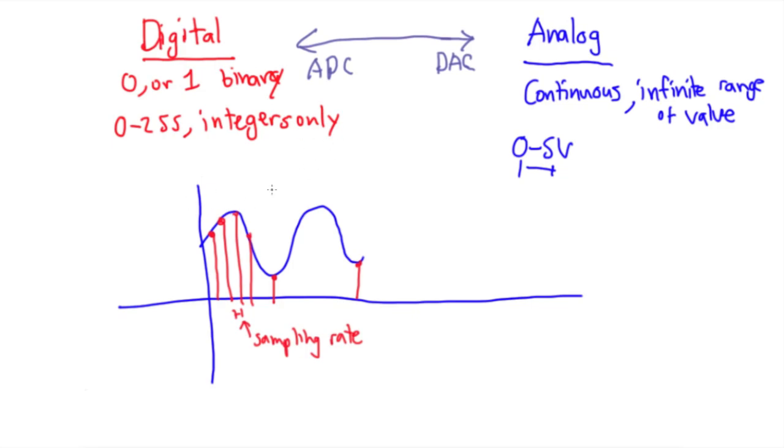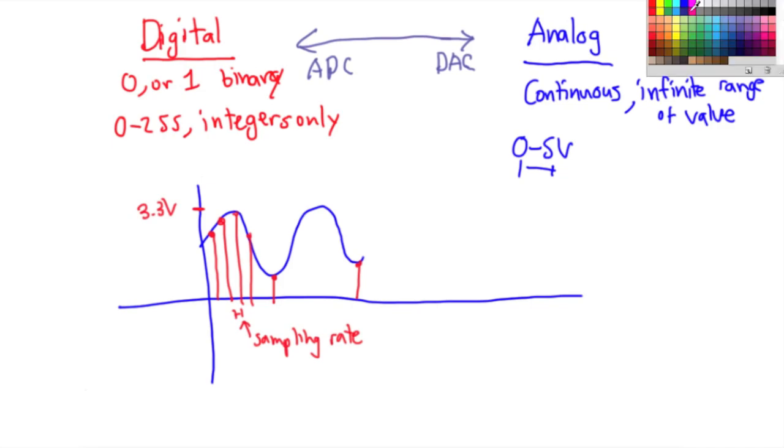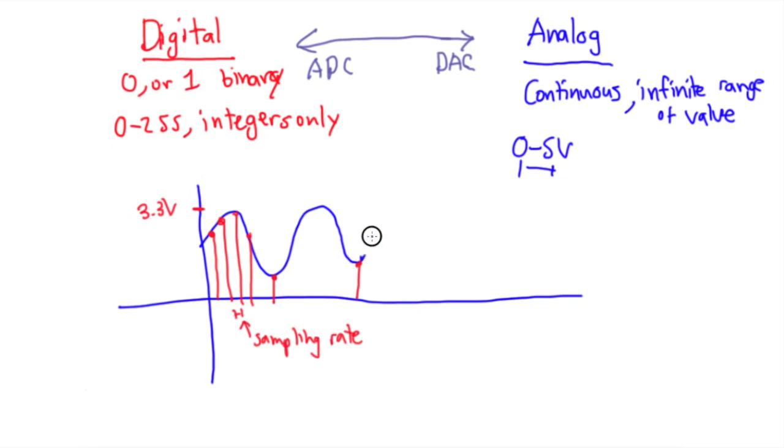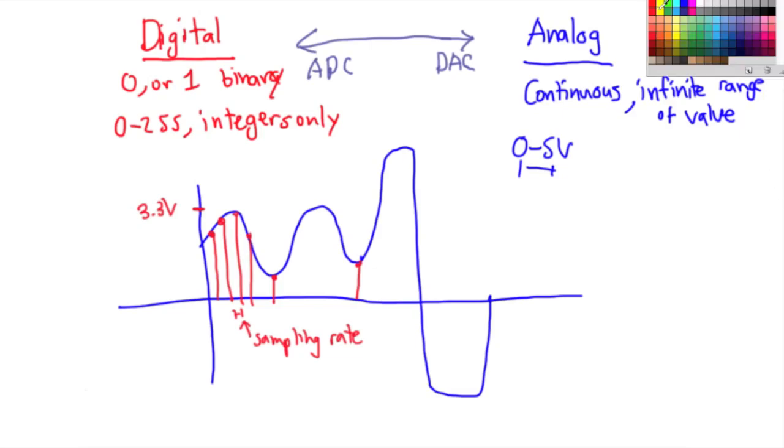Another thing to keep in mind is that the maximum voltage signal of the microcontroller is based off a logic standard that it has. The microcontroller for the ARM series is 3.3 volts maximum. So if your voltage signal goes beyond 3.3 volts or below 0 volts, because the range is from 0 volts to 3.3 volts, say it shoots all the way up over here and then dips down like this, the analog to digital converter is going to peak out at 3.3 volts at max.